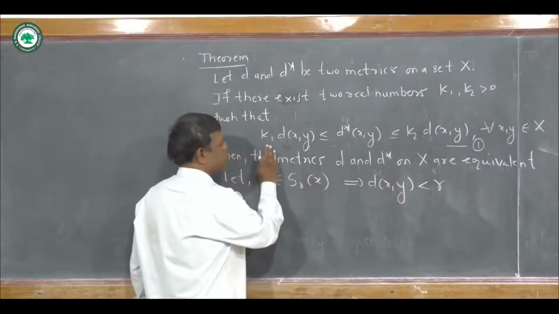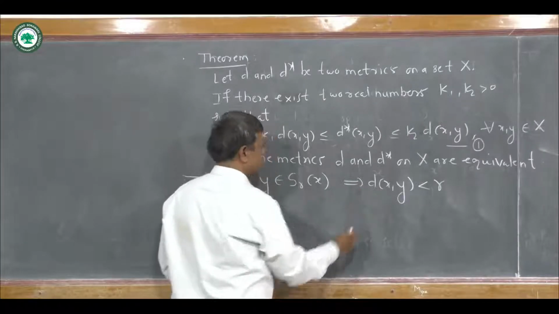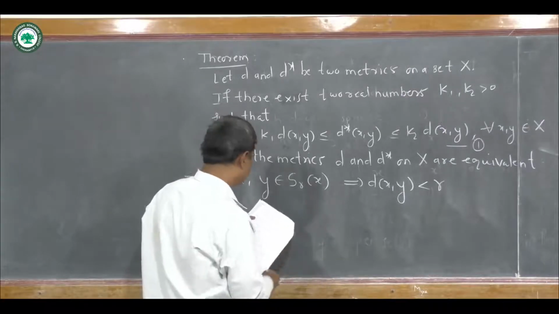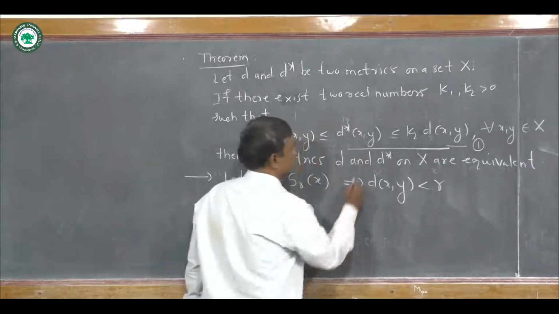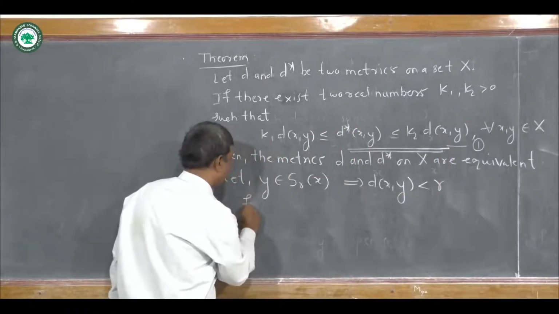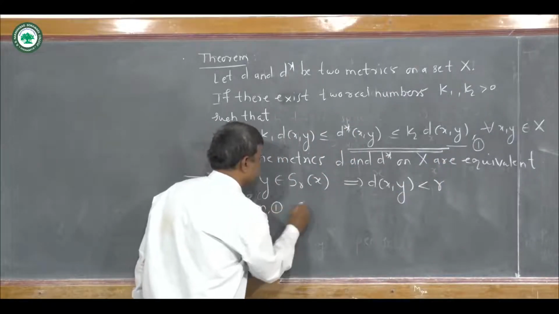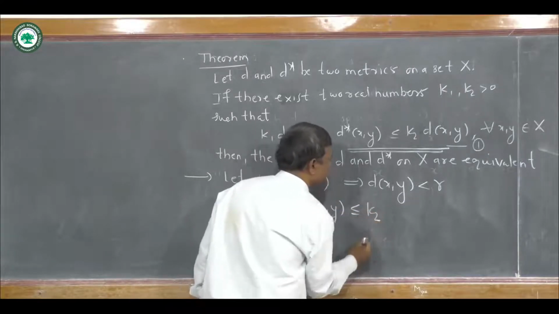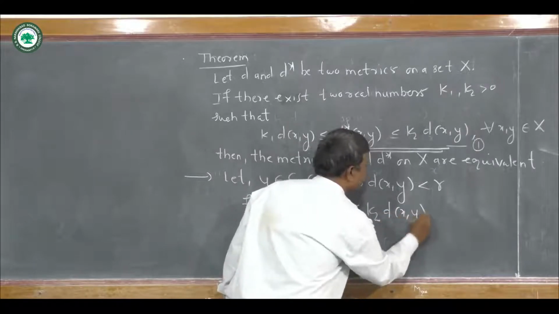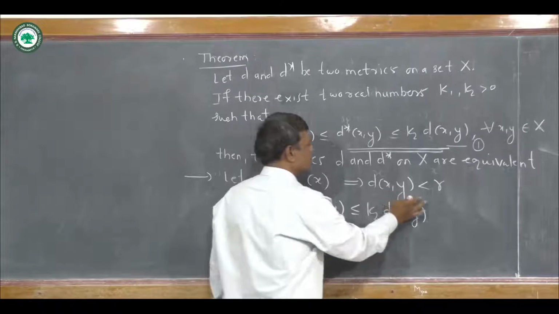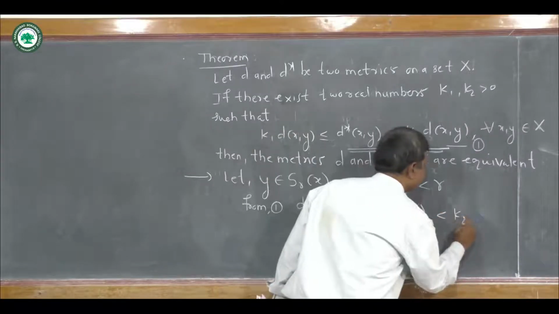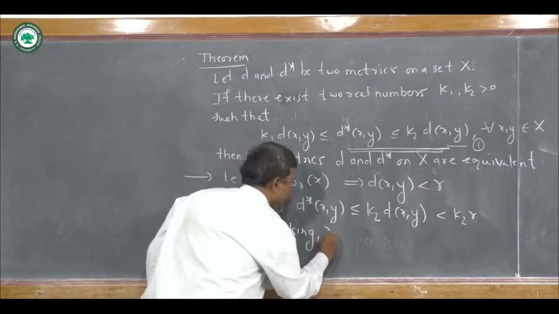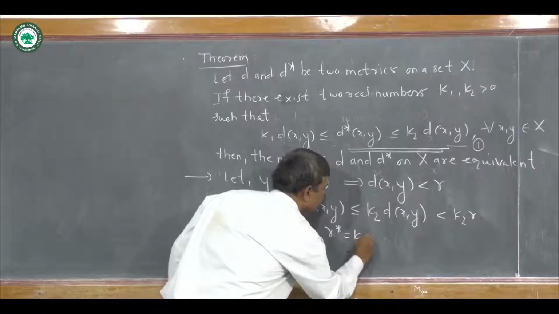Now here we have the distance between X and Y is less than R. Now using this part, from 1, we have D star of X comma Y is less than or equal to K2 into D of X comma Y. Now we know that D of X comma Y is less than R, so this is less than K2 into R. So we take R star equal to K2 into R.